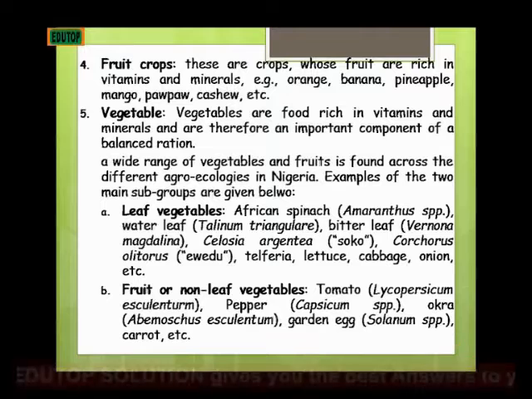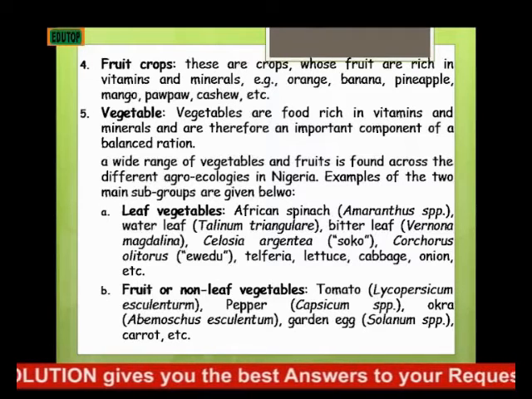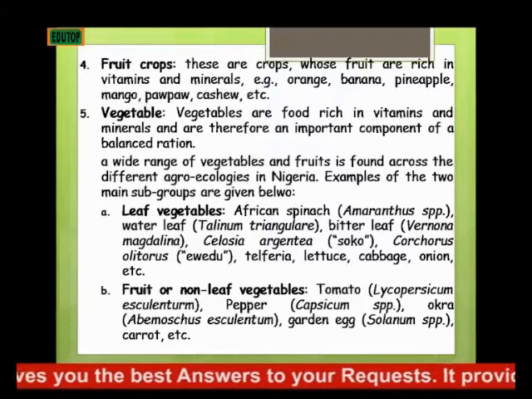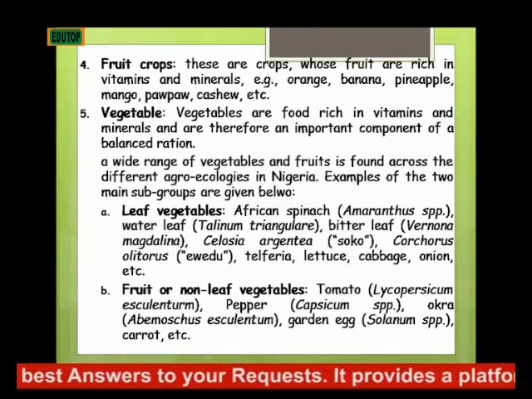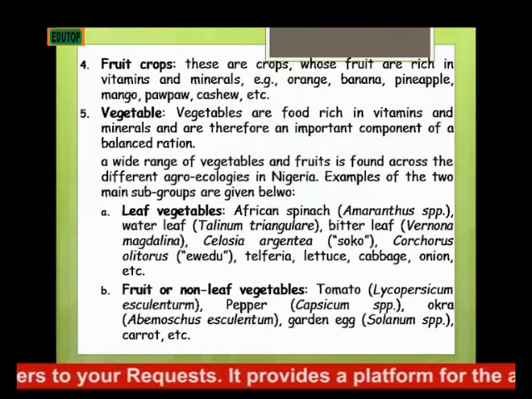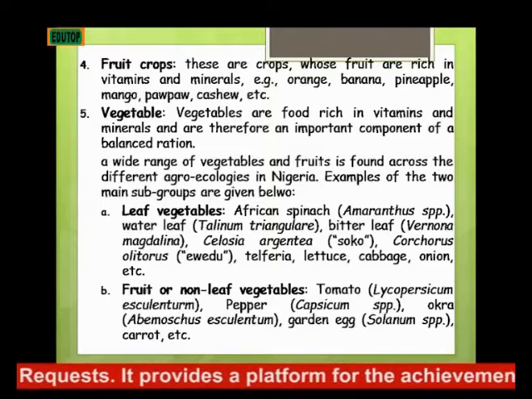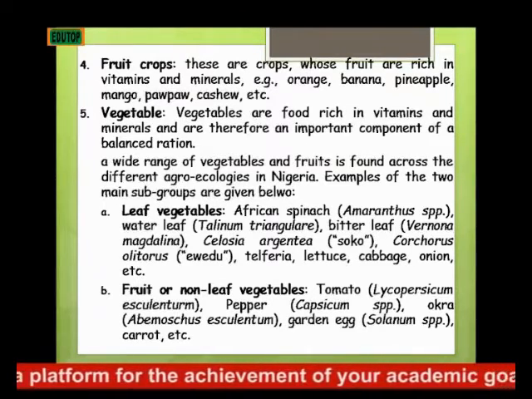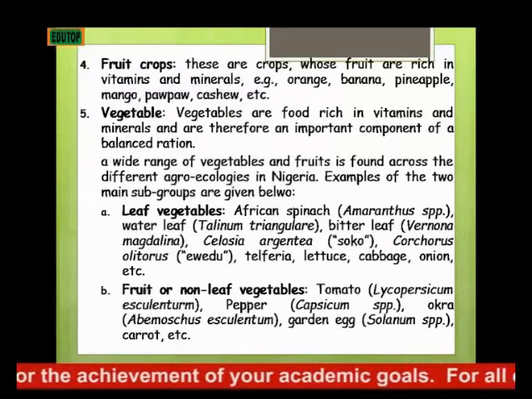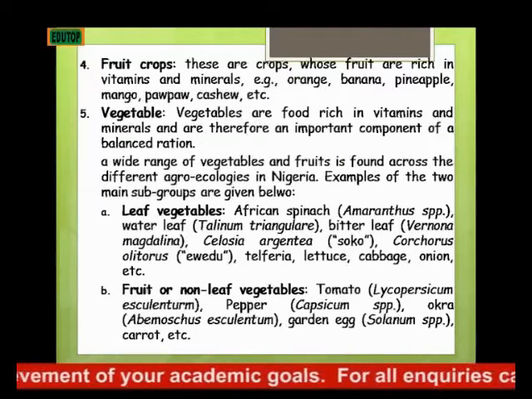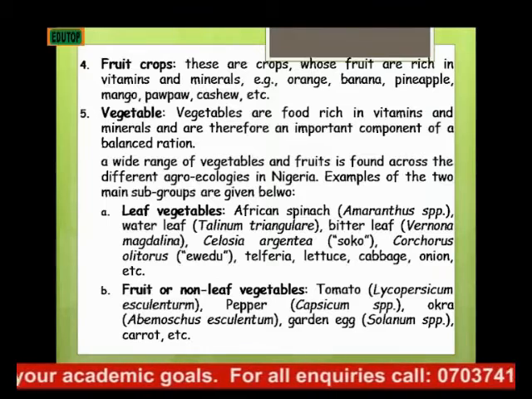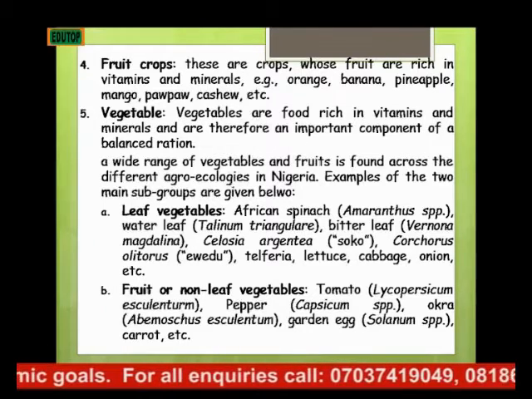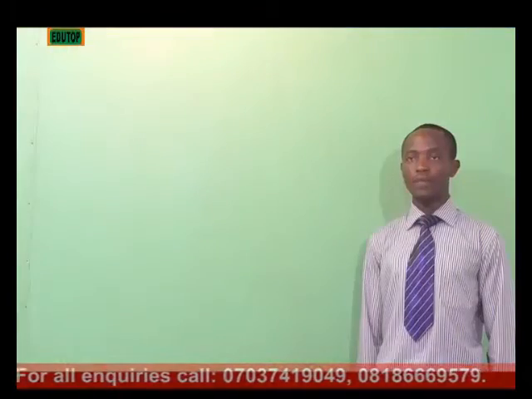We have the leaf vegetables, such as the African spinach, water leaf, bitter leaf, amaranthus, lettuce, cabbage, and onion, and then we also have the fruit or non-leaf vegetables like the tomato, the pepper, the garden egg, and the carrot. These are the types of vegetables that we have.